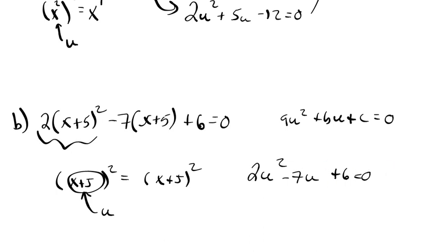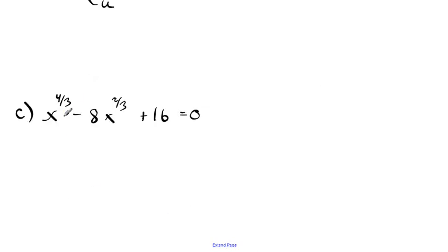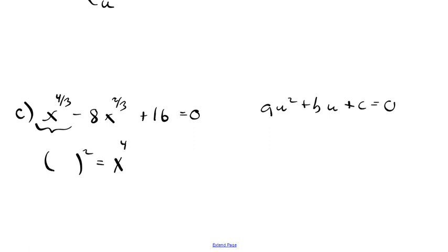Okay, let's do one more here. Let's scroll down. Again, we want to write it as au squared plus bu plus c equals 0. So we want to take our first term and ask what squared has to be equal to x to the power of 4 over 3.